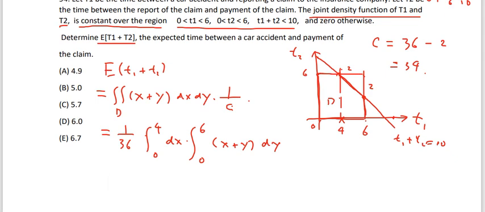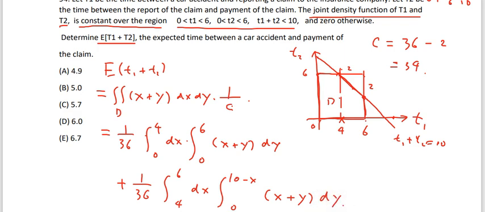Plus the other part, when x is from 4 to 6, y will be from 0 to this line, so 0 to 10 minus x. So x plus y, dy.